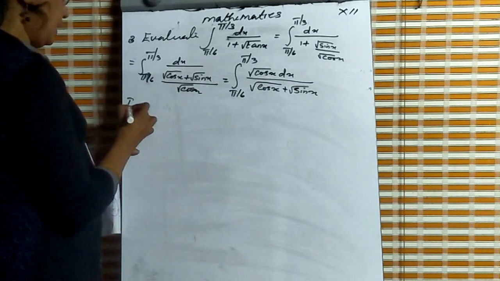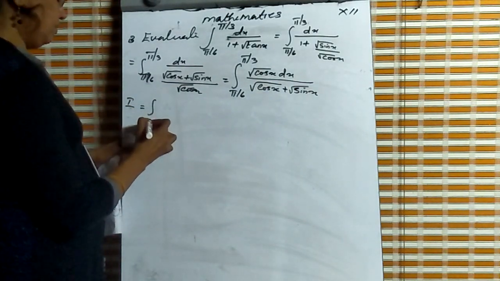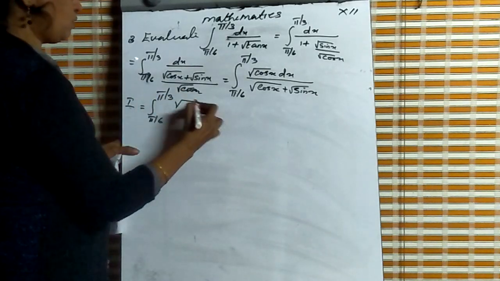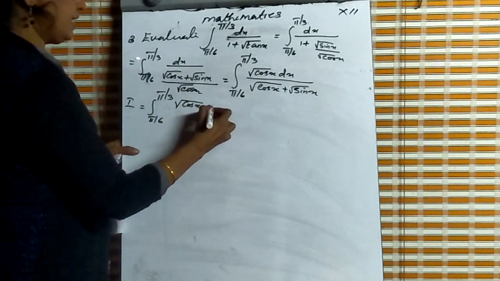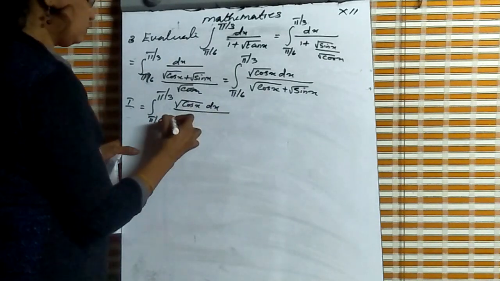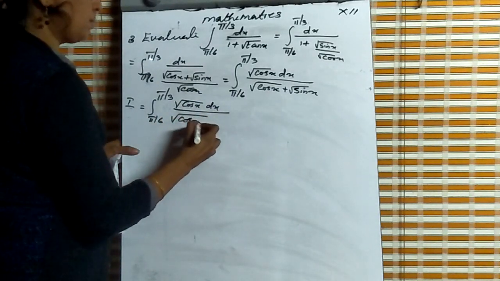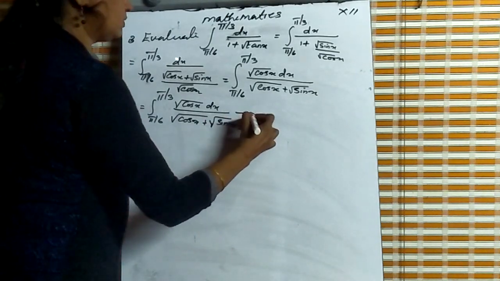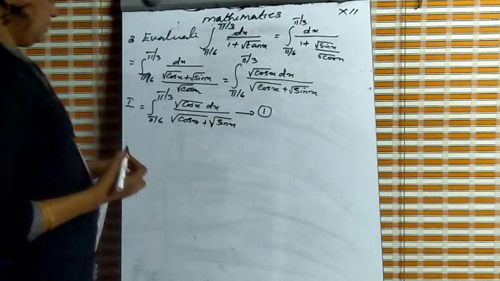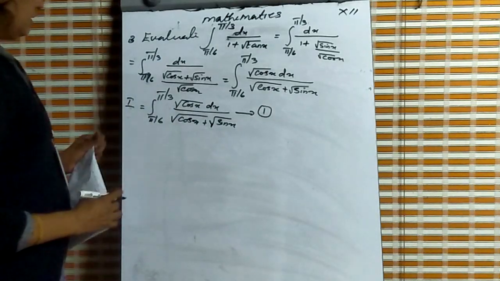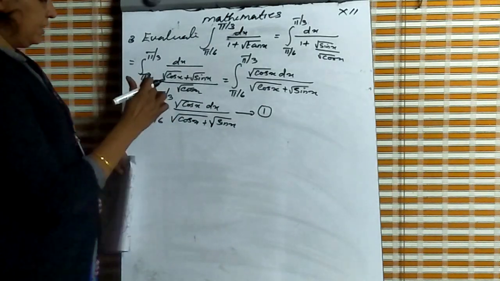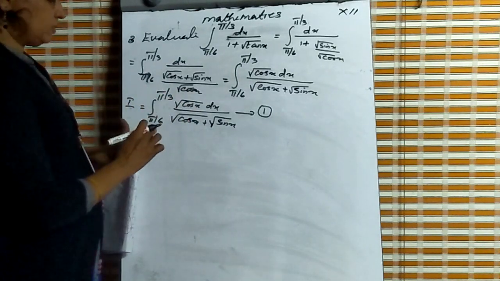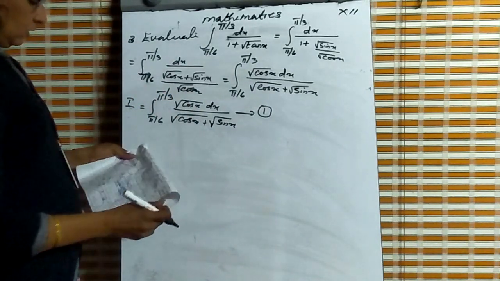Now we take I is equal to the integral from pi by 6 to pi by 3 of square root of cos x dx divided by square root of cos x plus square root of sin x. This is equation 1. Now using property 3, with pi by 3 plus pi by 6, x is replaced by pi by 3 plus pi by 6 minus x.